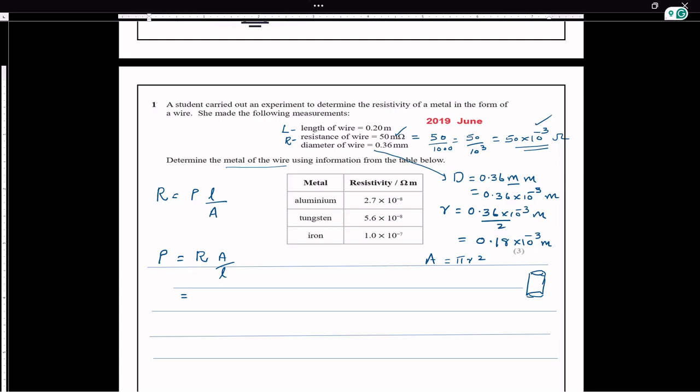The resistance of the wire, we changed into ohms, is 50 times 10 to the power of negative 3, and the area is pi r squared, which is pi times the radius 0.18 times 10 to the power of negative 3, the whole squared, and the whole thing divided by the length, which is 0.20.